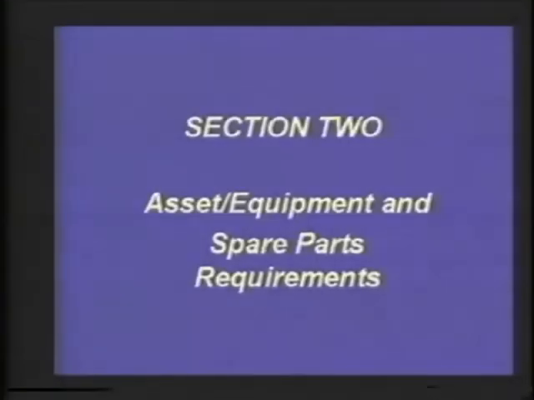Now what we're going to do is move into section number 2, and we're going to talk about the equipment and the spare parts lists. Now, starting off with the first page, and the first page is not numbered, but it is the title page called Function Module 1.